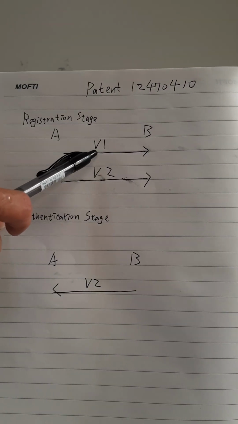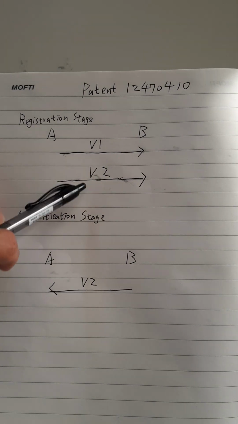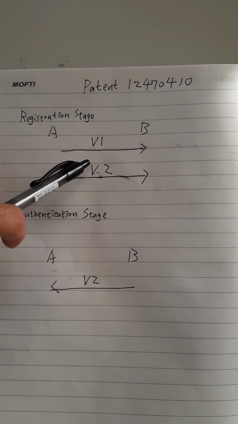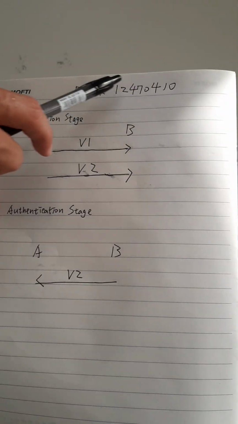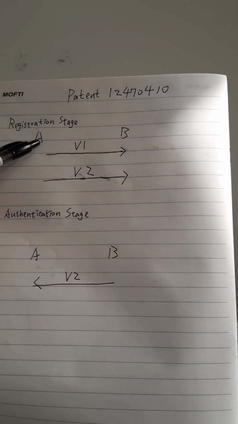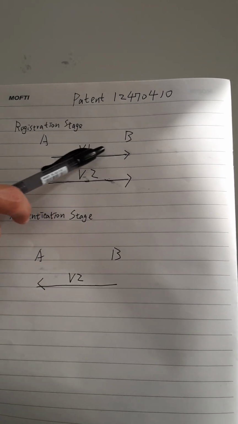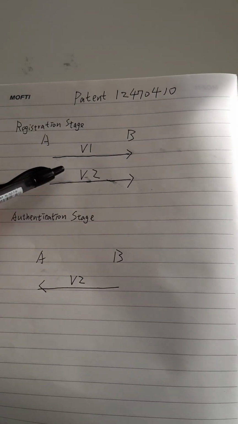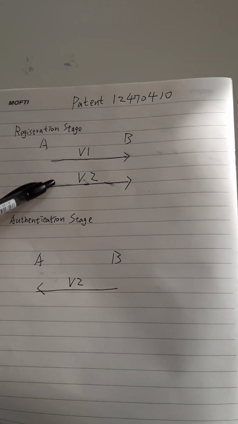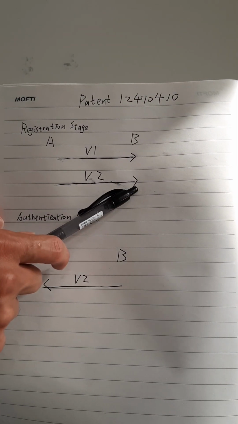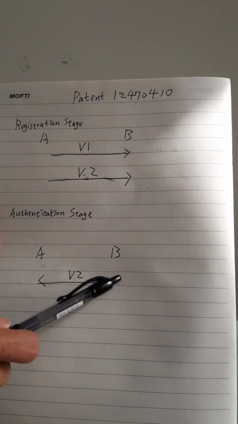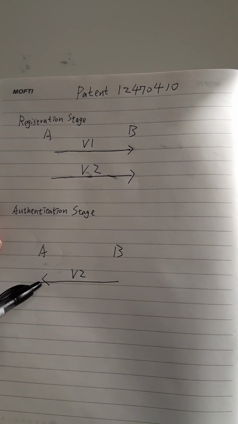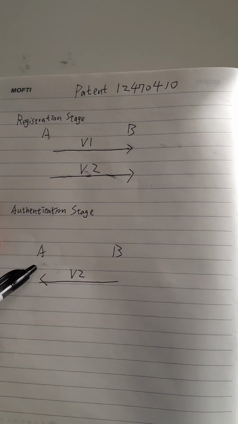V1 is called the first authentication code. V2 is the second authentication code. In the registration stage, A sends V1, the first authentication code, and V2, the second authentication code, to B. In the authentication stage, B sends V2, the second authentication code, to A.